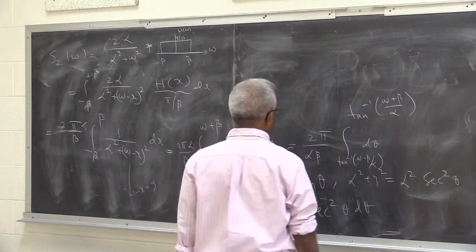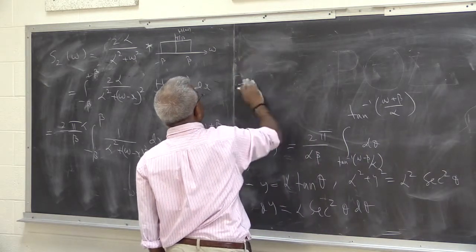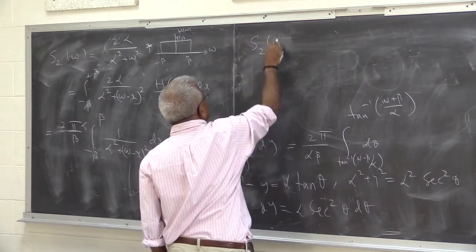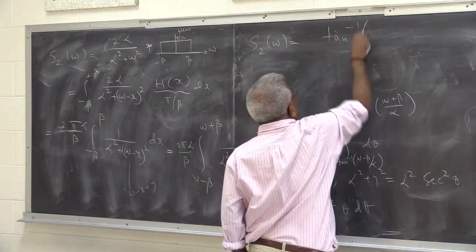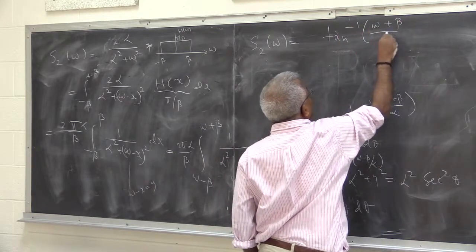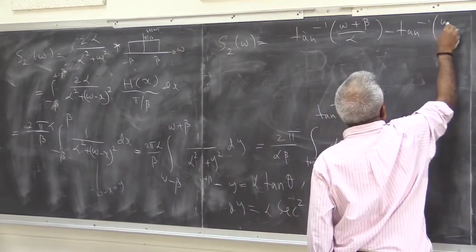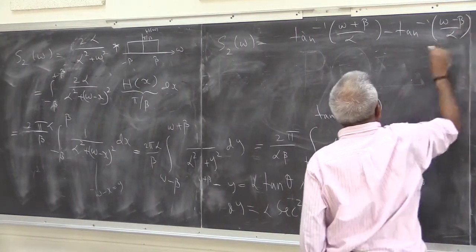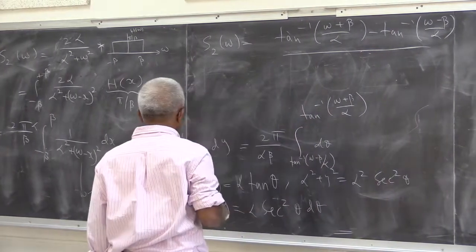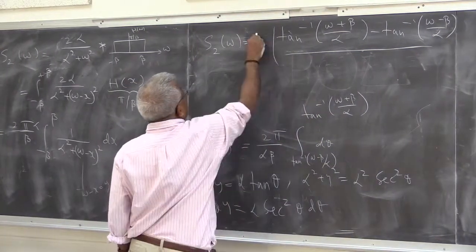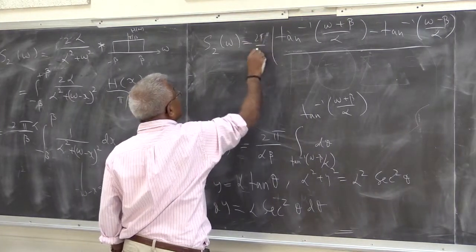So there is a little more simplification to be done. So we get S2 of omega, I'll write it here, is tan inverse omega plus beta over alpha minus tan inverse omega minus beta over alpha, the whole thing multiplied by 2 pi over alpha beta.